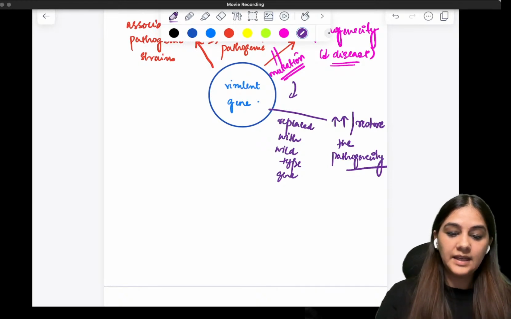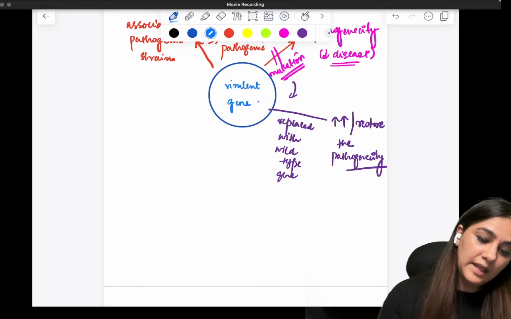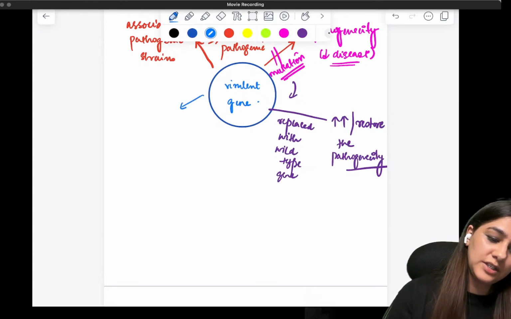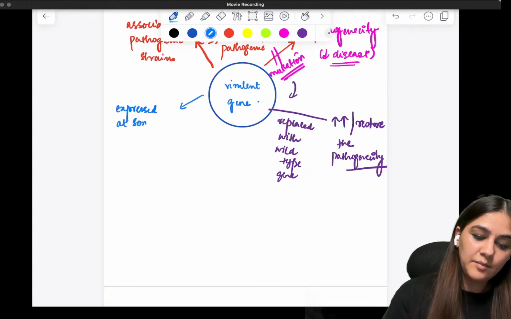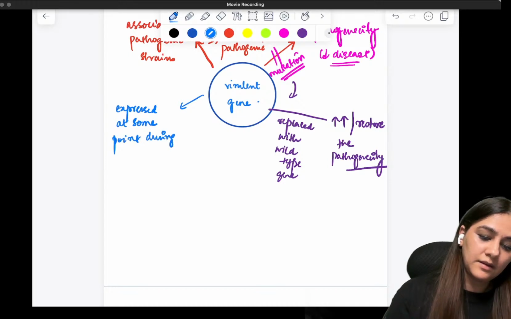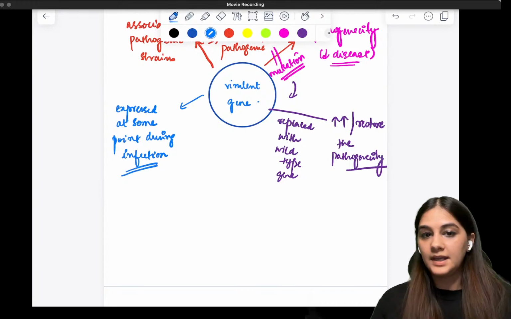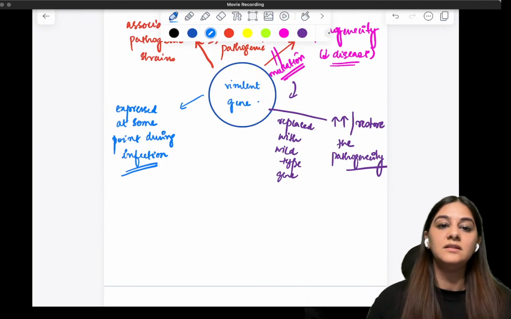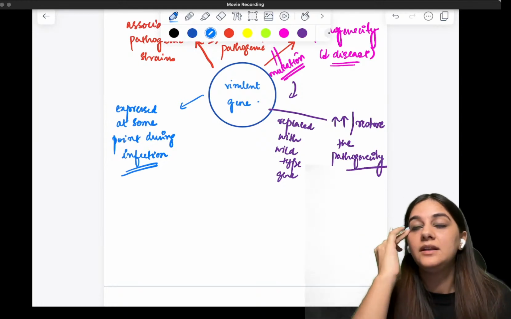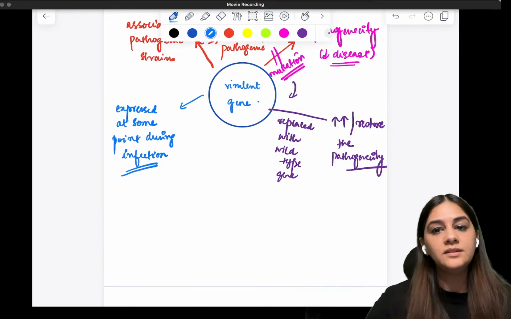Then they gave us another postulate, which said that this virulent gene has to be expressed at some point during the infection. Right, at some point during the infection, this virulent gene needs to be present. What does that mean? Let me give you an example. Suppose a person is infected with tuberculosis.